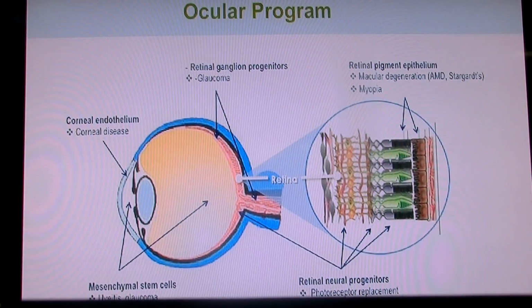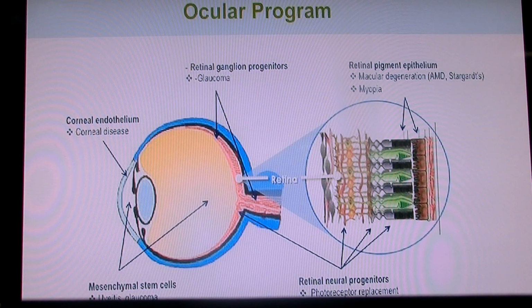So we have a number of programs to try to treat different eye diseases. One is the use of what's known as retinal pigment epithelium to treat macular degeneration, which I'll talk a little bit more about. We have just gotten FDA approval now to use those cells for myopia. We also have another program where we're using these ganglioprogenitors to try to treat glaucoma.